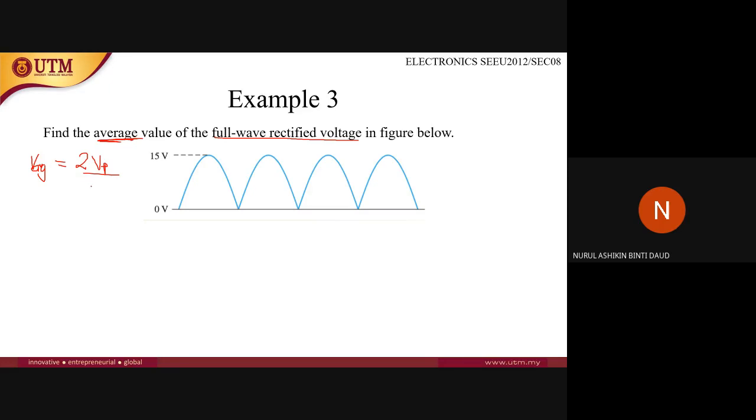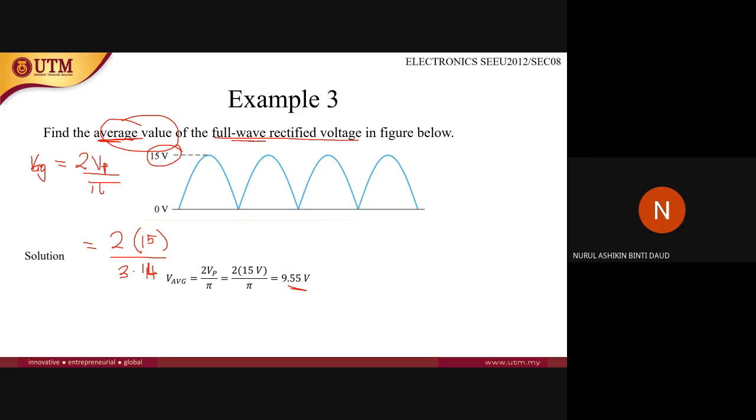The peak of the voltage is 15 volts, so 2 times 15 divided by 3.14, the value of pi, will give you 9.55 volts, right? This is a straightforward equation. To solve these questions, you have to know the formula of average value for full wave rectified voltage. Be careful because the formula is different between full wave and half wave, right?